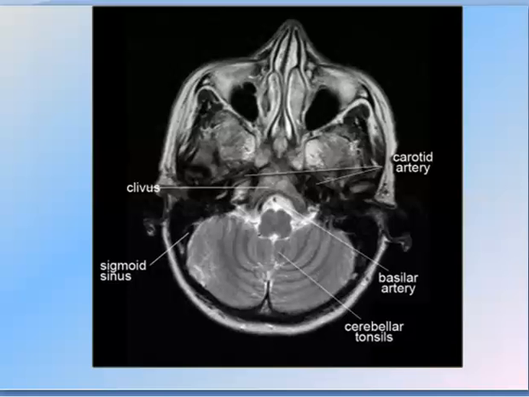This level is showing again the medulla, the basilar artery, the clivus, carotid artery here and there, running in their canals, cerebellar tonsils, sigmoid sinus, mastoid air cells, maxillary sinus, nasal septum, and inferior concha, middle concha.